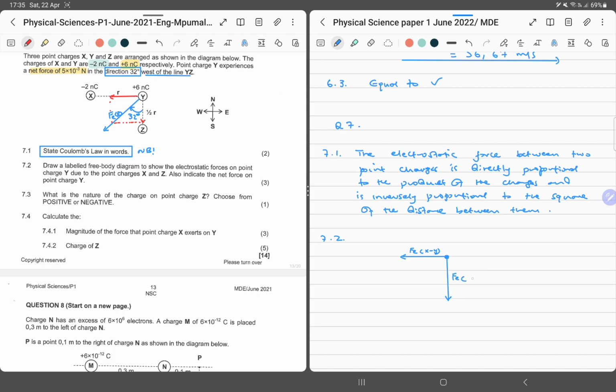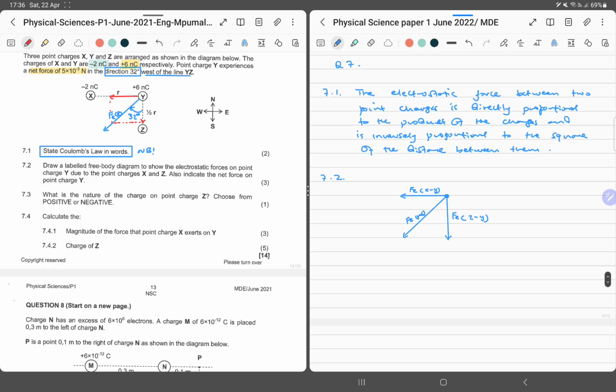This is the electrostatic force of Z on Y. And then the resultant force is in that direction. You can even write its magnitude. It's not a big deal. Easy 3 marks there, because it's just those forces.